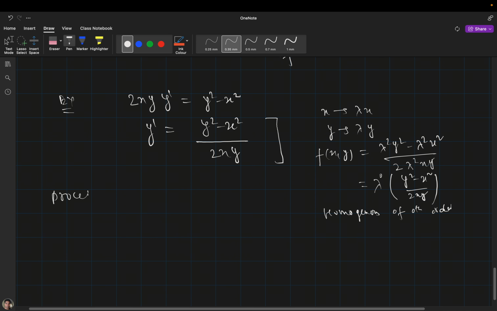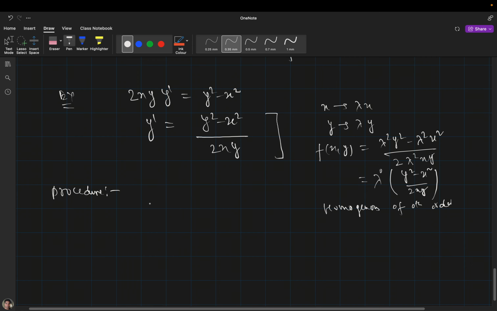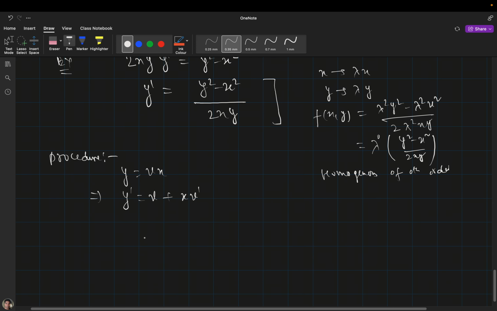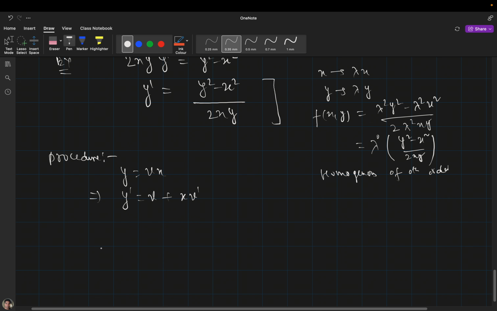So the procedure is that you will replace y as vx. You will substitute in the differential equation y equal to vx. Then differentiate both sides with respect to x. You will get y dash equal to v times 1 plus x v dash. Now substitute this here.